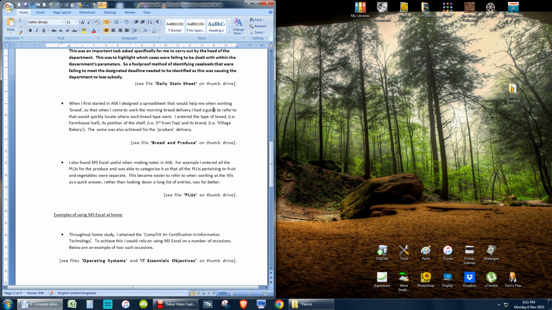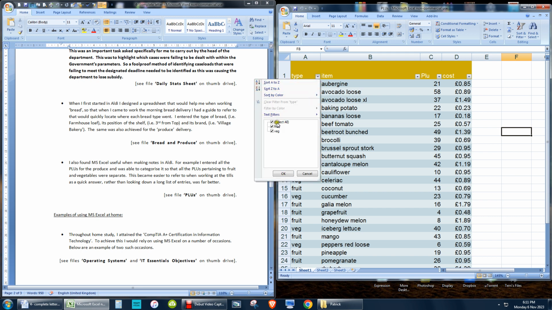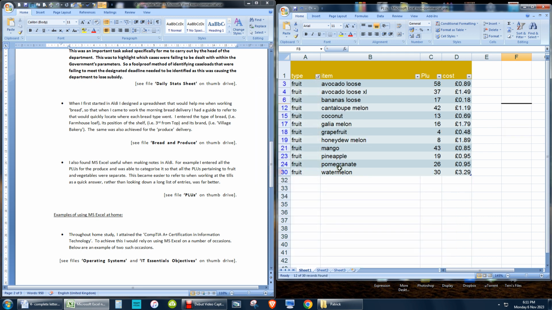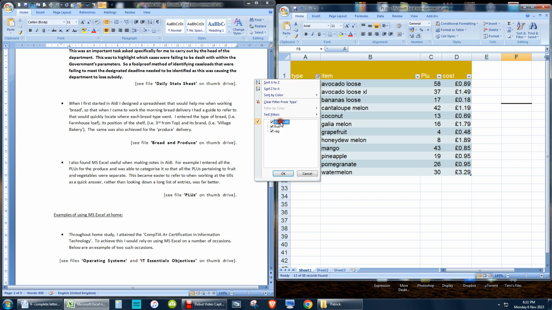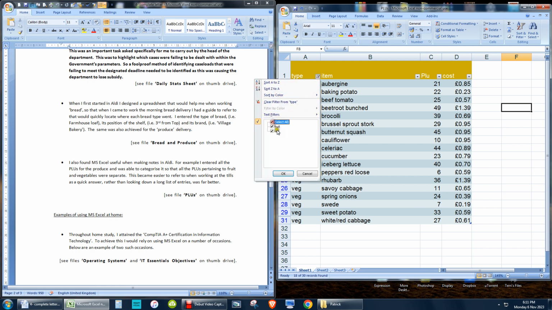That's what I wrote. So that one is look at clues. Clues looks like this. This is my example, right? So it's all jumbled up: veg, fruit, fruit, veg, fruit, fruit, blah blah blah. Go into there, go into fruit, and all your fruit are together. Take that off. Go into veg, all together, and so on.